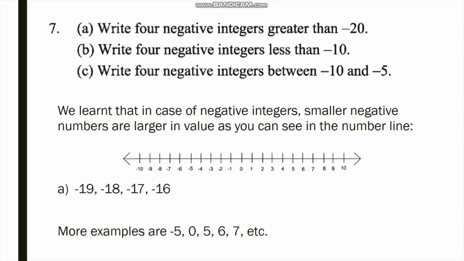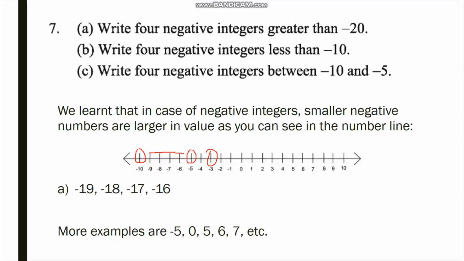Question number 7a. Write 4 negative integers greater than minus 20. Now, we learned that in case of negative integers, smaller negative numbers are larger in value. As you can see in the number line that the numbers minus 9, minus 8, minus 7, minus 6, these are all larger than the number minus 10. And minus 3 is also larger than minus 5.